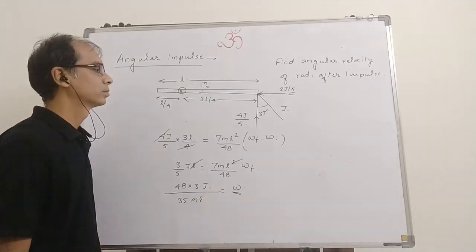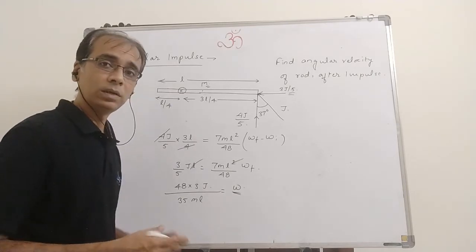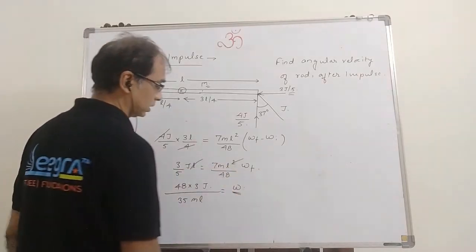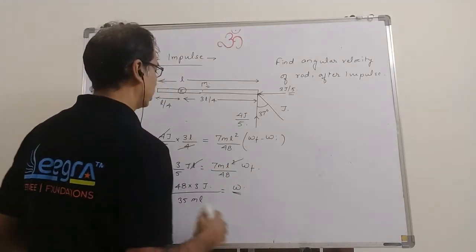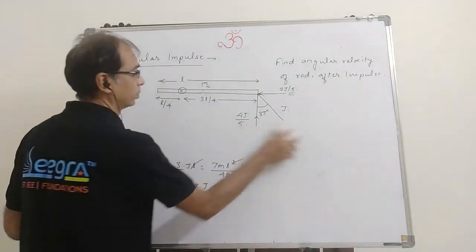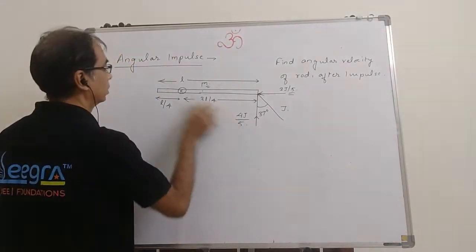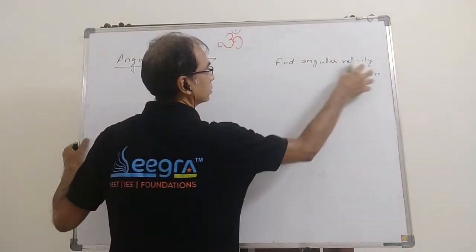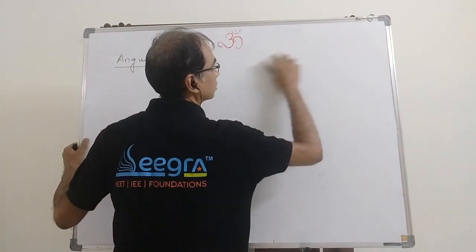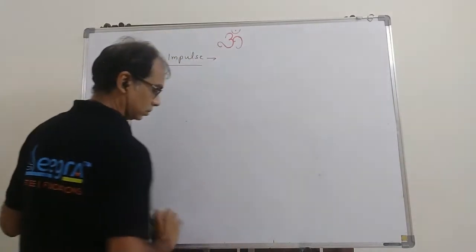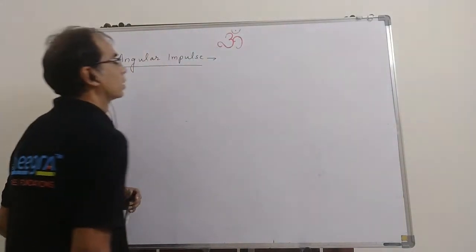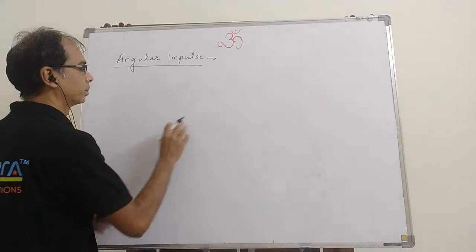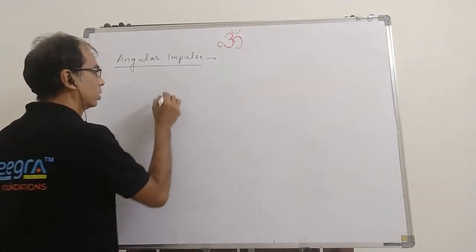Okay, that's fine. Another one we take in which, let's say, this rod has an initial angular velocity. Then how to do it? Let's see. Here I am taking only the rod.